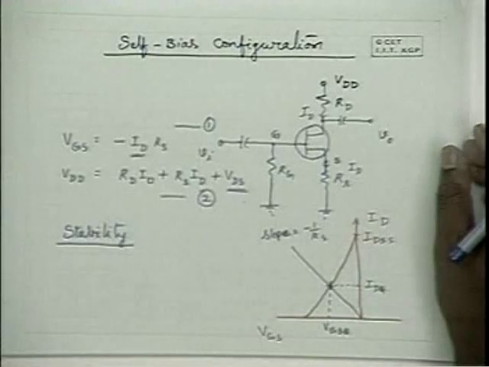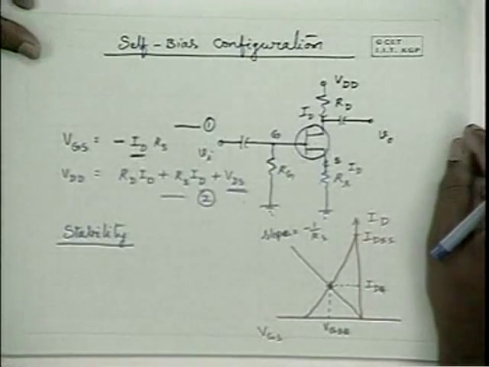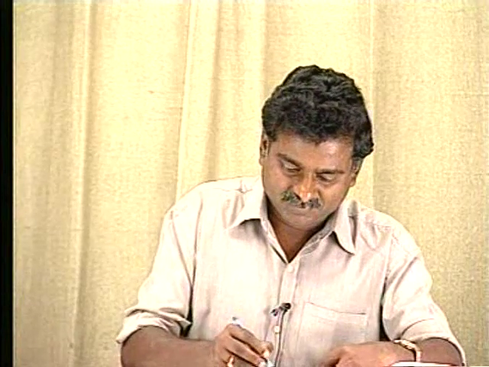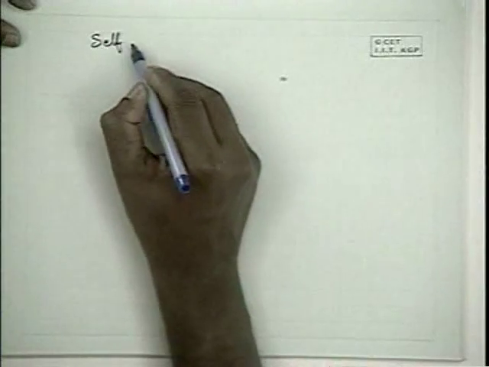Now this can be further improved with a voltage divider bias. The stability of the circuit can be further improved to some extent with voltage divider bias.